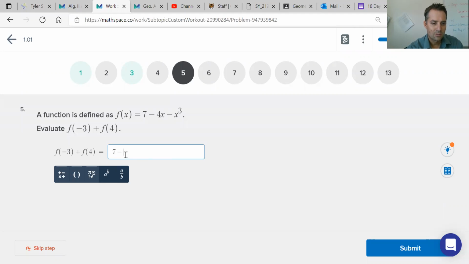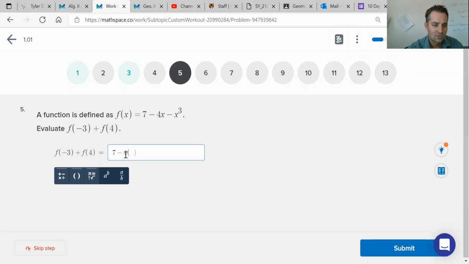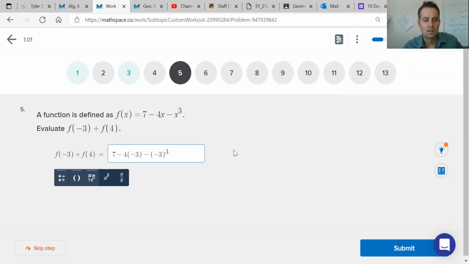So that's going to be 7 minus 4 times -3 minus x to the power. So x is -3 to the power of 3. So that's plugging the -3 in. Now I need to add in plugging in the 4. 7 minus 4 times 4 minus 4 cubed.